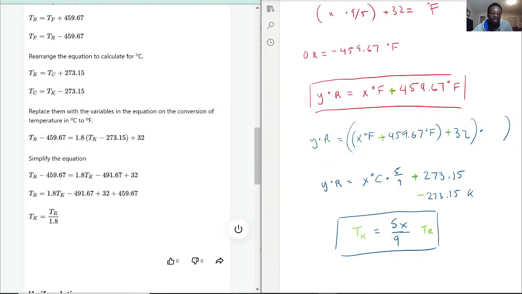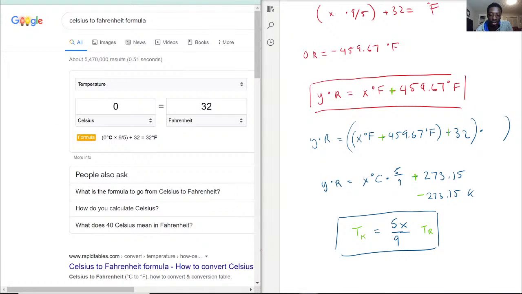Exactly, so it'll be plus 32. Okay, I think I see where we're going wrong here now. We have to add the 32 and multiply by 9/5 to go from Celsius to Fahrenheit, which is what we were trying to do here.